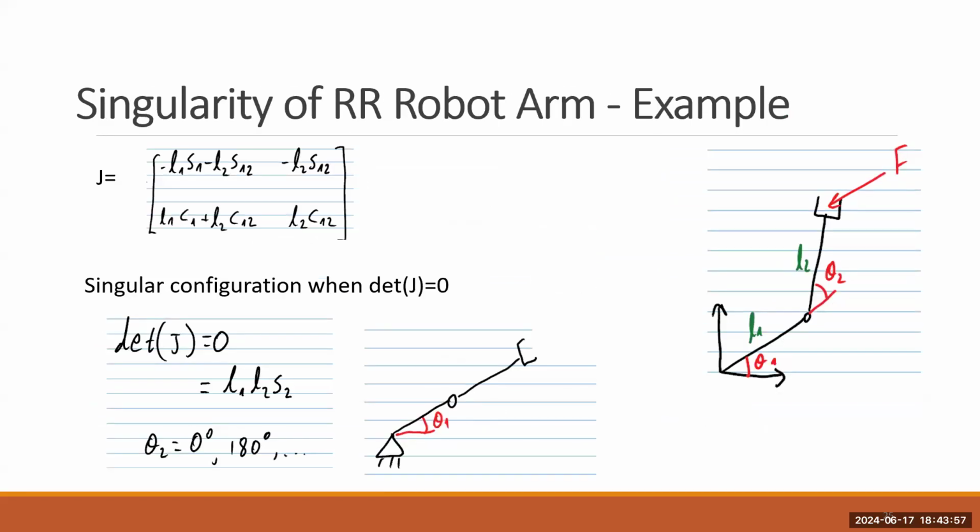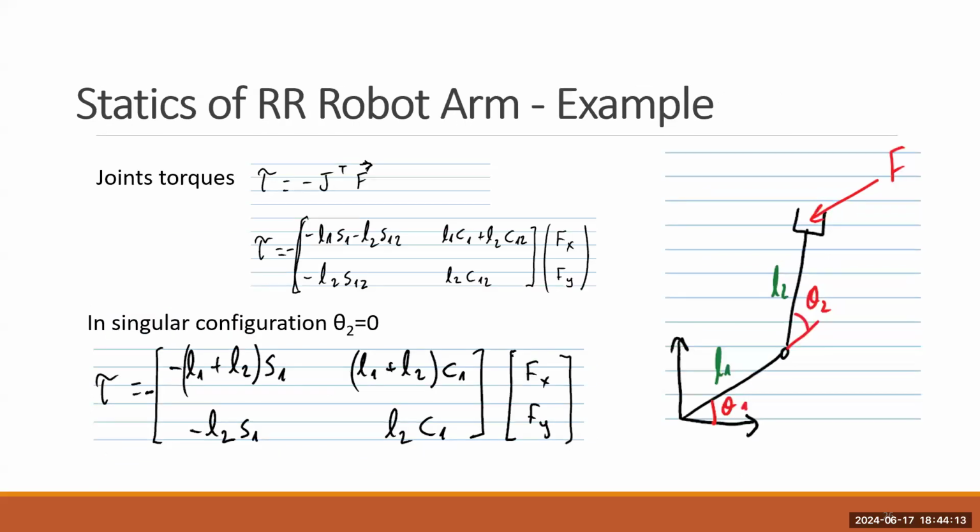This is the Jacobian, so we transpose this. First row will be first column. The second row will be second column. So we take the Jacobian transpose times Fx Fy, the force that is applied on the robot. It can be gravity, it can be external force due to some work that the robot is doing.